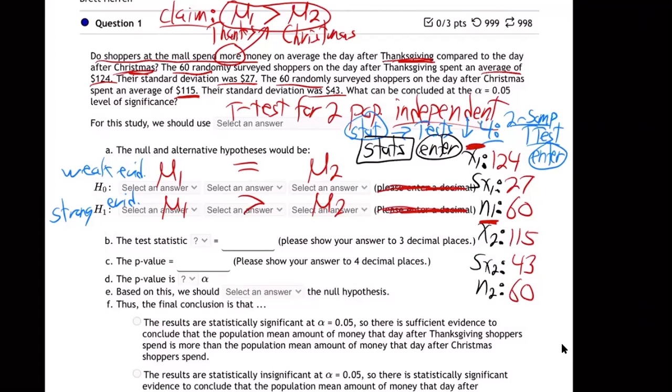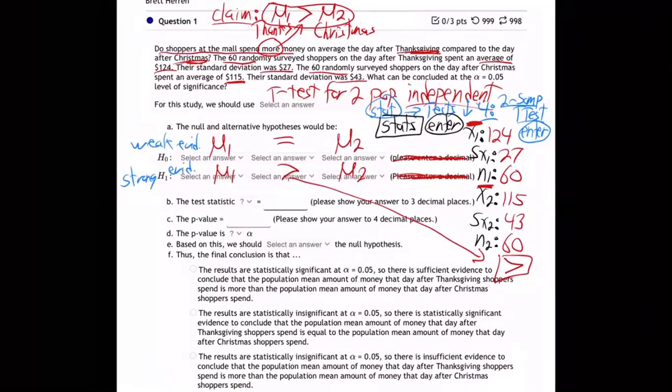And then you have to choose greater, because you just do whatever H1 has. For me, it's greater. Yours might be different. Okay, then it's going to ask you a question about pooled. In fact, let me write it somewhere else where you can see it better.